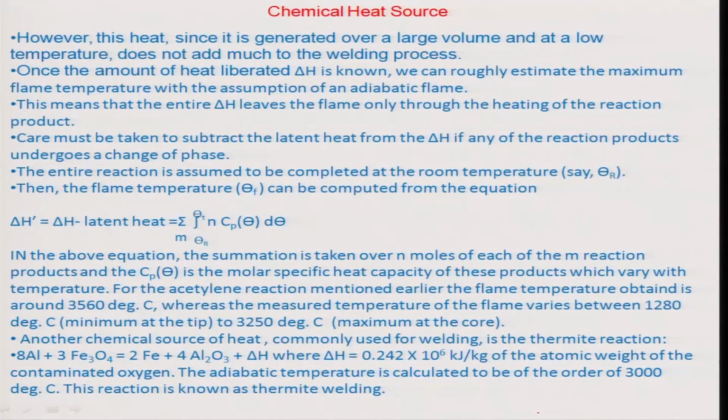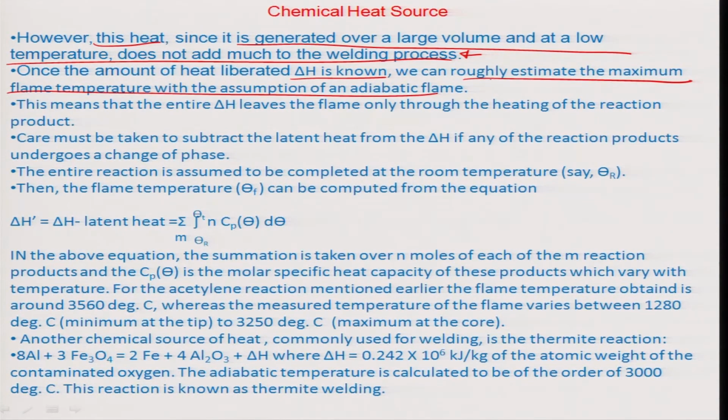This heat, however, is generated over a large volume and at a low temperature, so it does not add much to the welding process. Once the amount of heat liberated delta H is known, we can roughly estimate the maximum flame temperature with the assumption of an adiabatic flame.